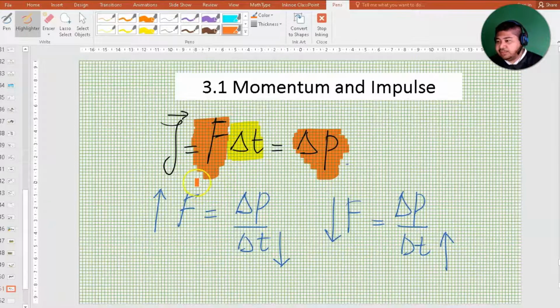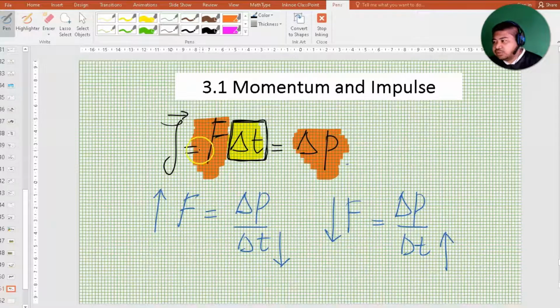I repeat it again. To change the momentum of an object, you need to apply an external force. The most important factor that determines the amount of force that needs to be applied is delta T, how long the force is applied.